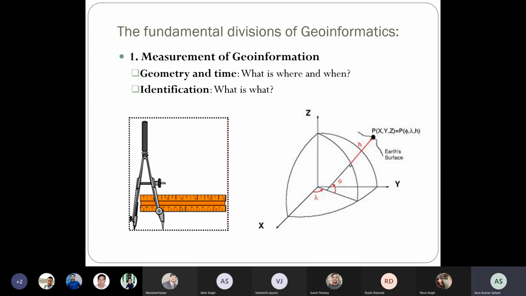Sir, angle is required to measure something. Sumit, Sir, angle and three coordinates.